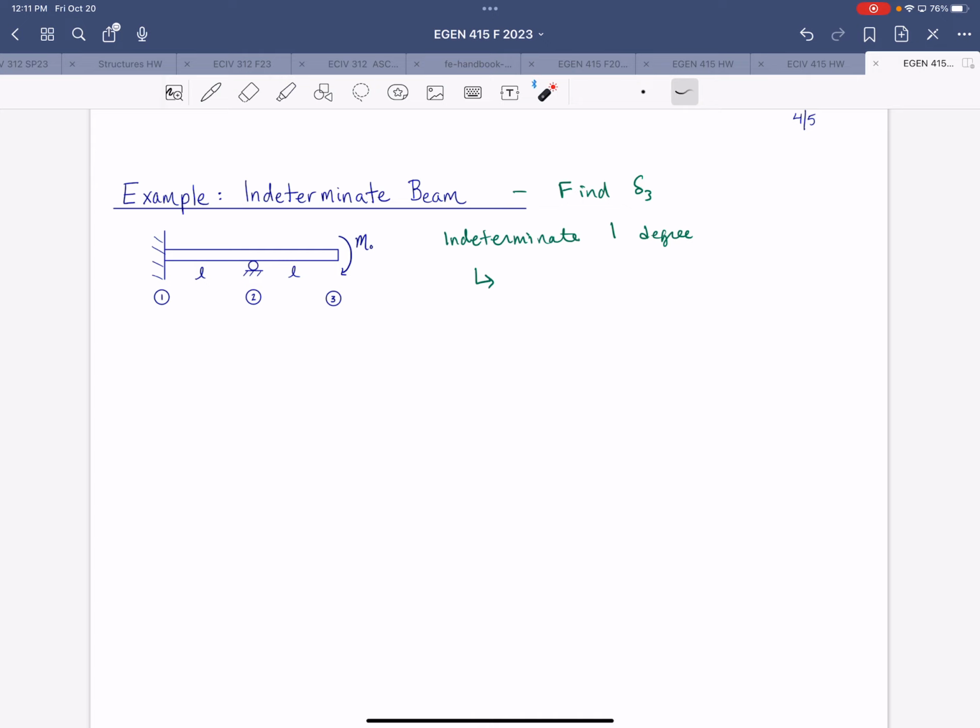So for this example, I'm going to choose to relax the support at node 2. It doesn't really matter which one you choose. And we'll introduce a reaction force, we'll call it R2.